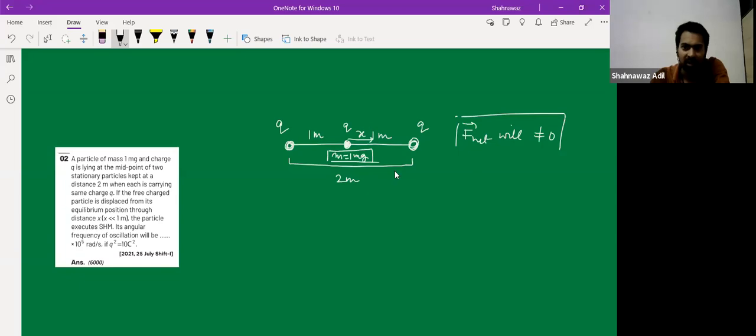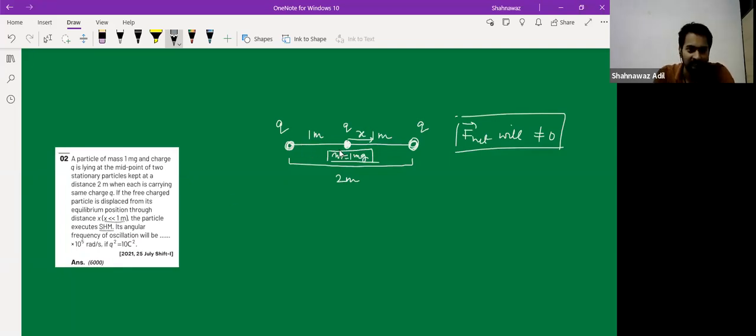So they want us to prove that this shows an SHM, simple harmonic motion, right? And also we have to calculate the angular frequency of the oscillation. So first we have to prove that this is an SHM, for this condition only, when your x is very much less than this length L.